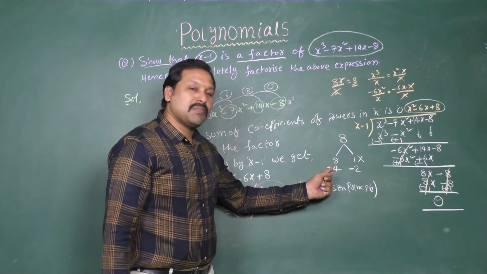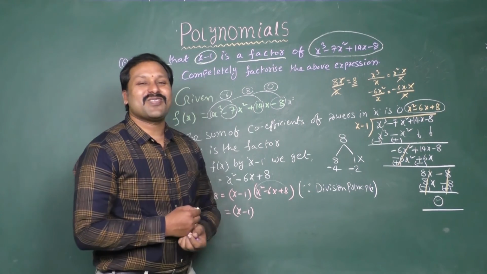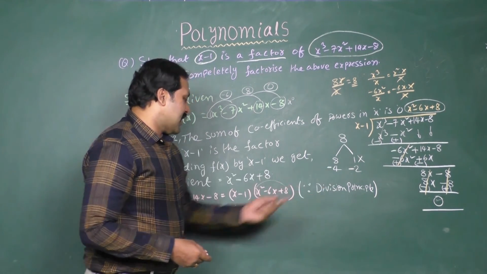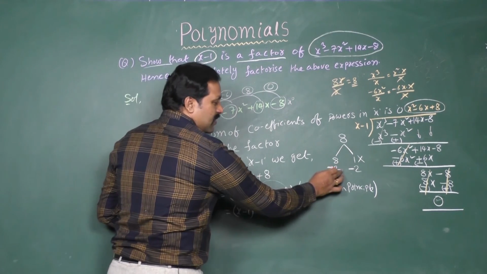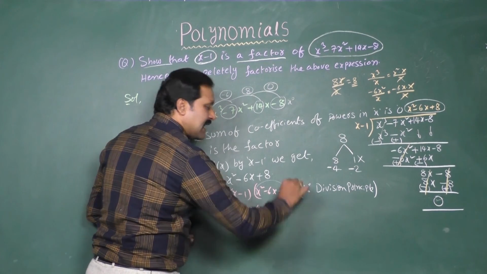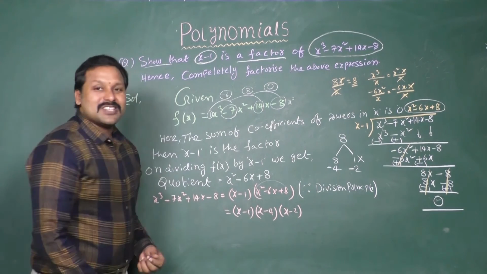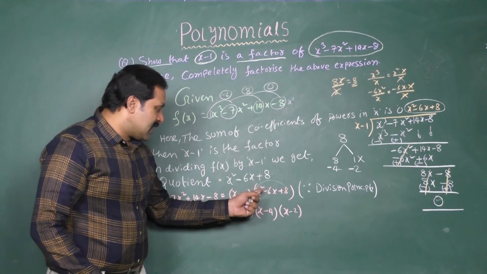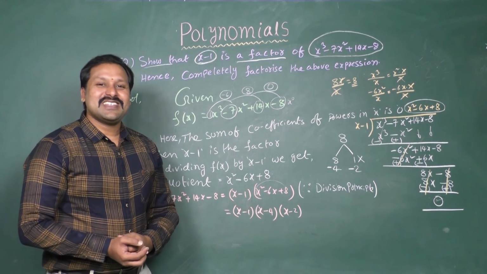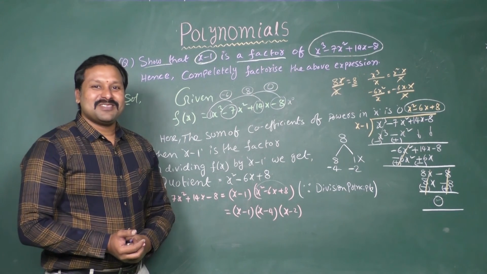Their sum is minus 4 minus 2, which gives minus 6. Now it is satisfied. Now you can write directly x. The factors are x minus 4 and x minus 2. This is only possible when the coefficient of x square is 1. Otherwise, you can do it by splitting the middle term.